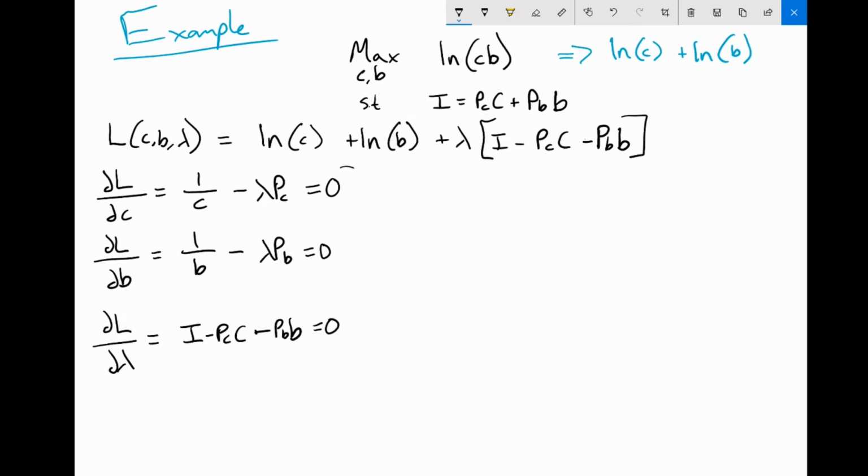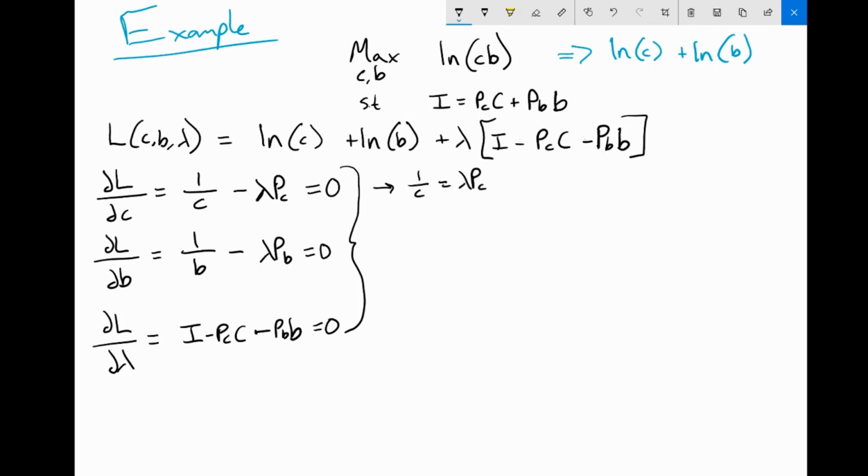And then we go to solving this set of equations for C star, B star, and lambda. So what I'm going to do is solve this equation here for C, this one for B, plug them in here, solve for lambda, then take lambda and plug them back in. All right, so let's do that.